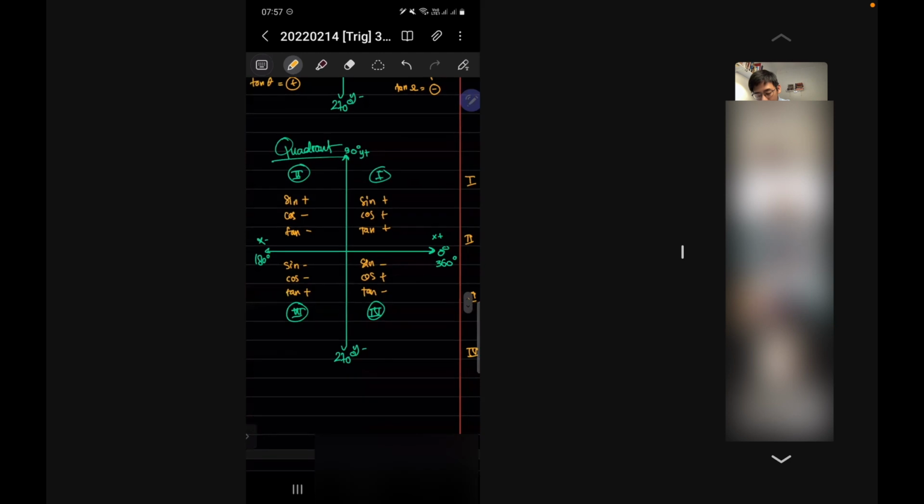We use the 180 minus 30 to tell which quadrant we are working on. Sine 180 minus 30 means we are in the second quadrant, and sine in the second quadrant is positive, so it's the same as sine 30, a half. Cosine 180 minus 30 in the second quadrant is negative, so it's minus half and the root of 3. And tangent is also negative, so it's minus 1 over 3 and the root of 3.